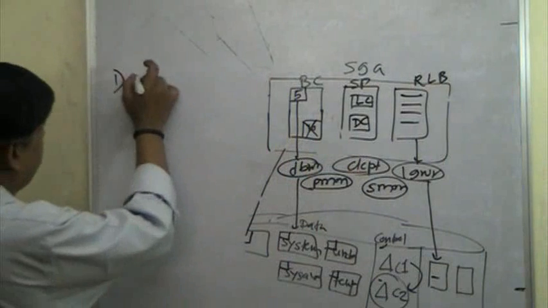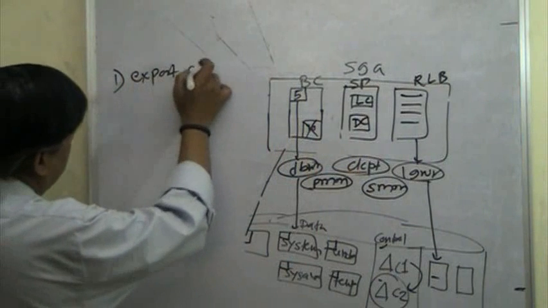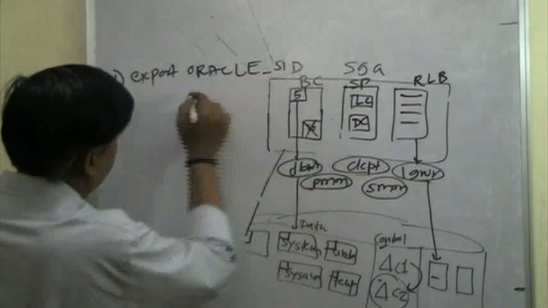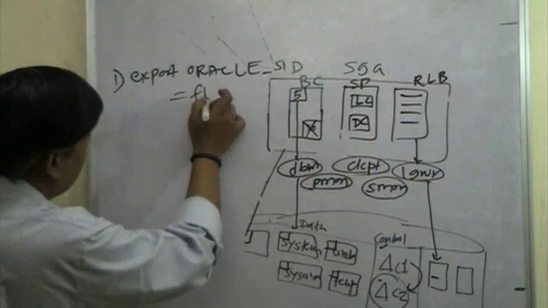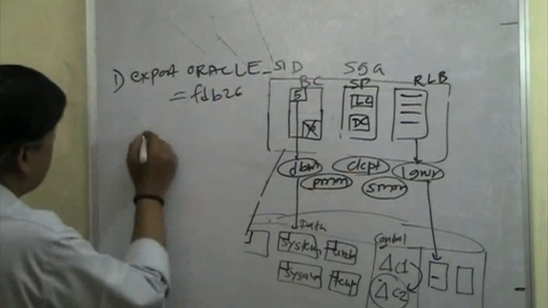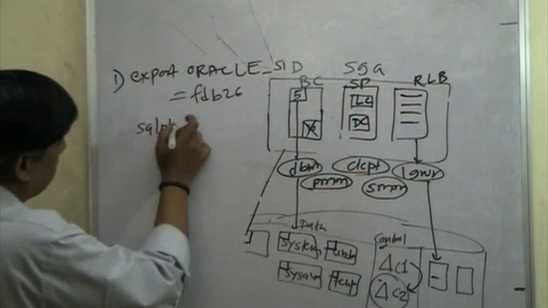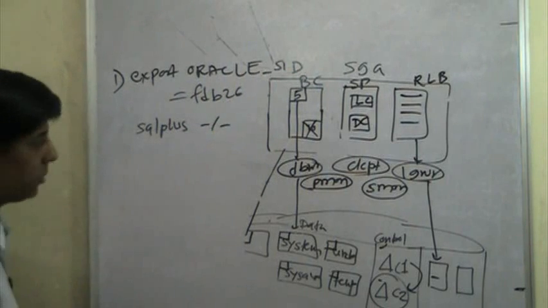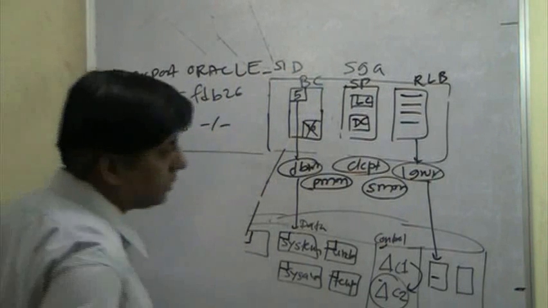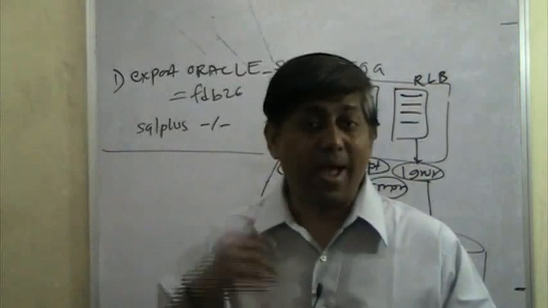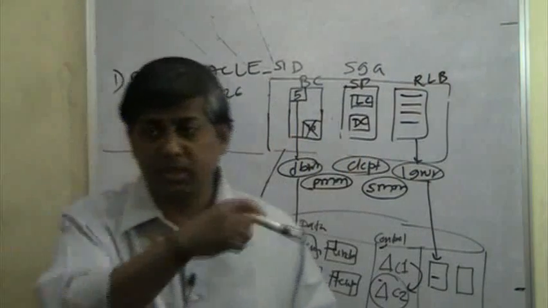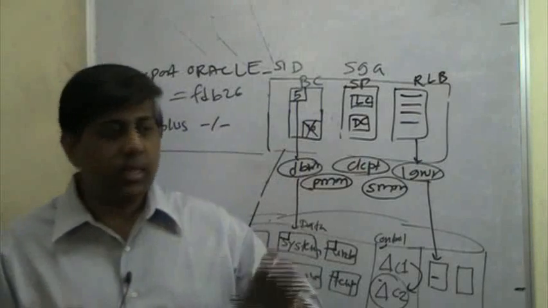First export the SID equal to that value, FDB26, and then you type the command sqlplus user ID and the password. This is done only if you have access to the machine on which the database is running, that you have already done an SSH to log into that machine, and then you can do this.